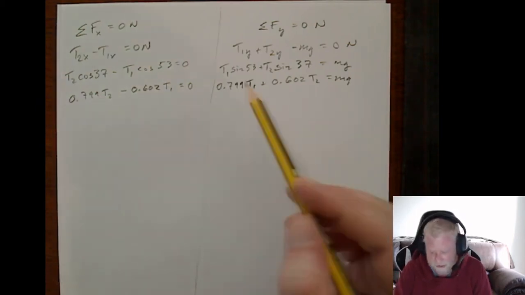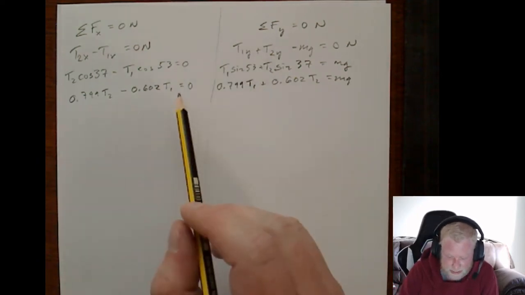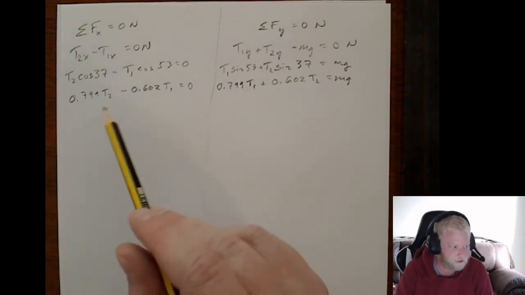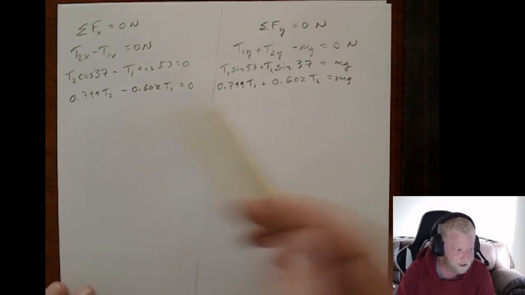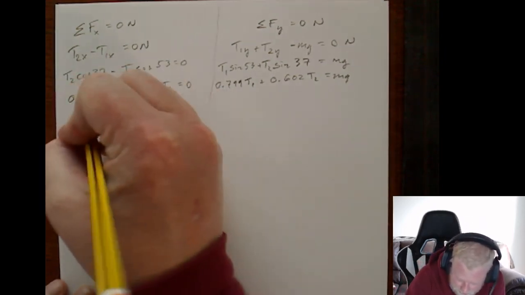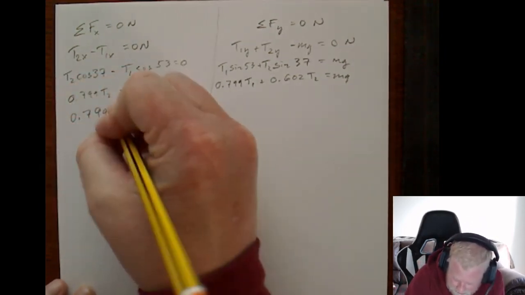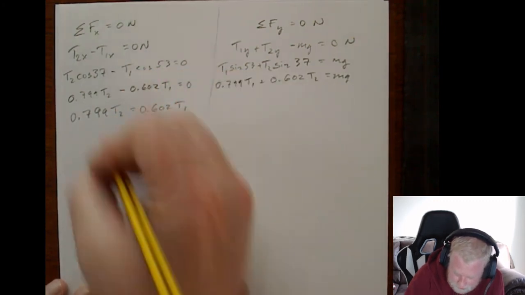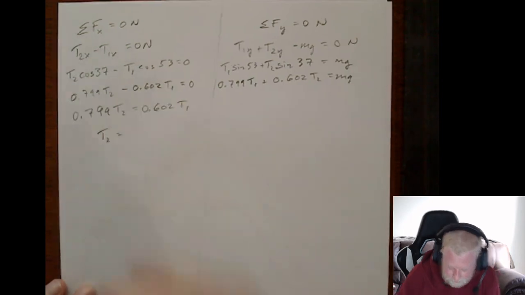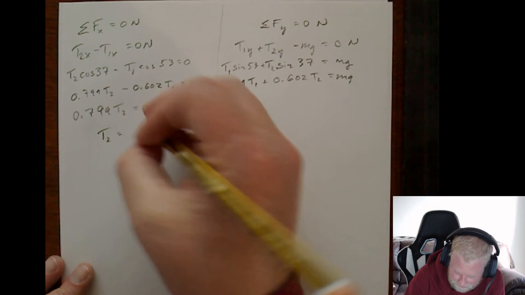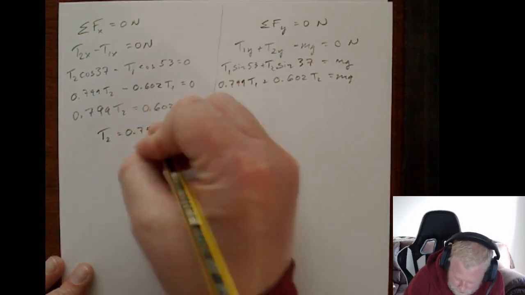Now the problem is we still got two unknowns running around. So what we need to do is work with a system of equations. So what we need to do is put one of these variables in terms of the other. So let's go here to the more simple equation. So we can rearrange this to get 0.799 T2 is equal to 0.602 T1. Simplify that even more. We get that T2 is equal to 0.753 T1.